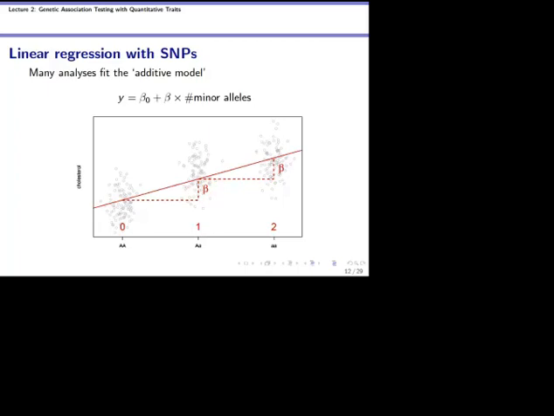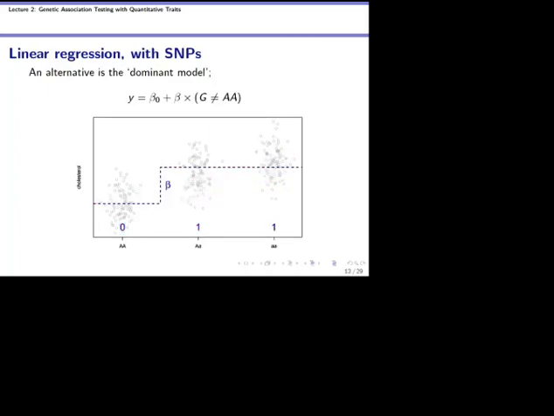Other models are possible. Here's a dominant model. What is this model saying? It means that whether you have the heterozygous genotype or the homozygous genotype, the effect is the same. So that's a dominant model. Here's a recessive model.